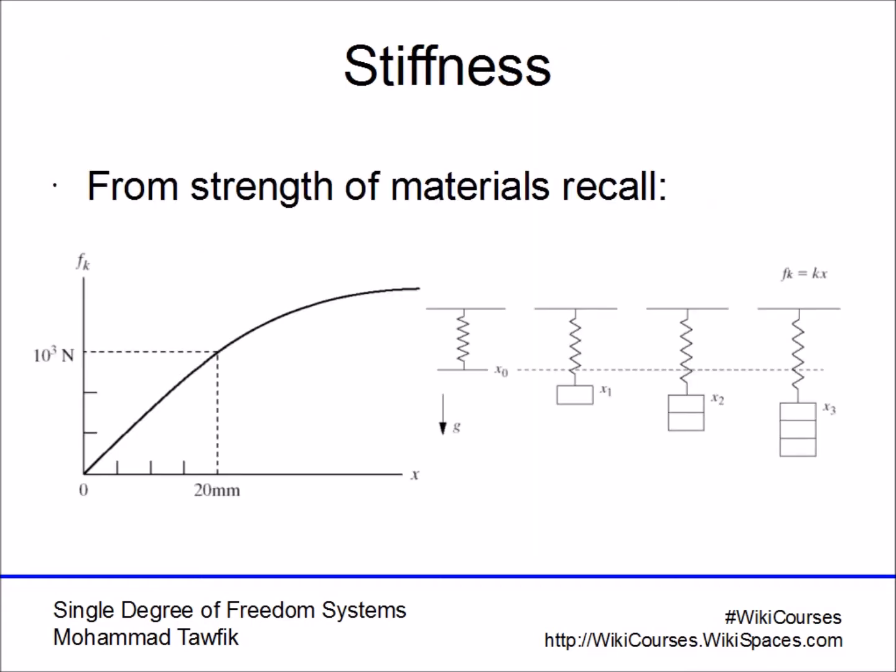Let's now recall the concept of stiffness. Stiffness basically can be defined simply as the resistance to deformation. Any elastic body when under load or stress, it deforms, it strains. Now let's focus on a spring.